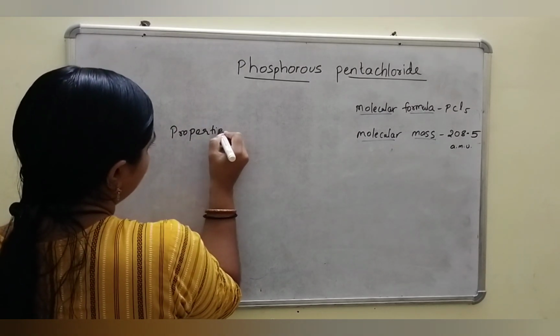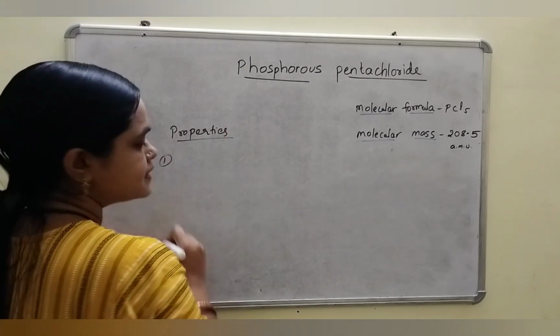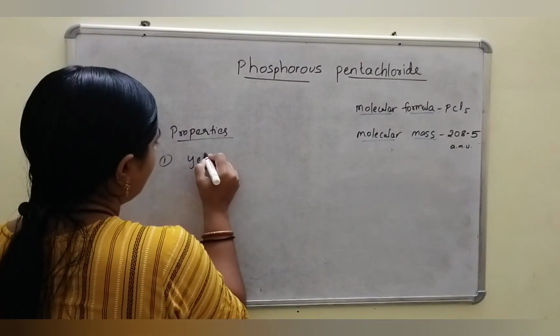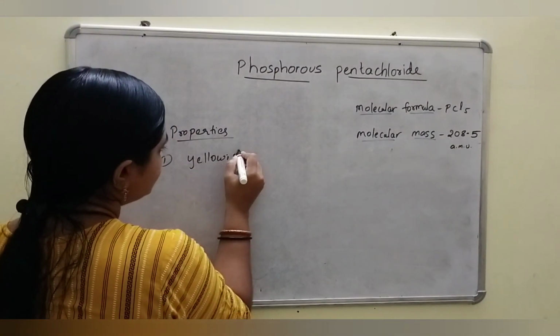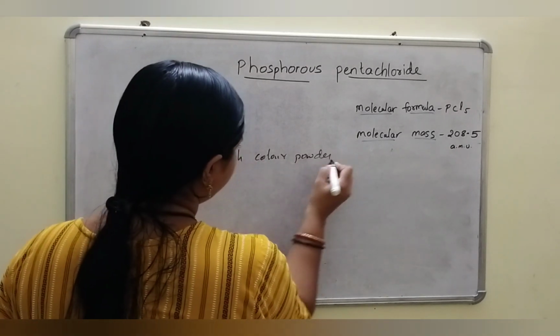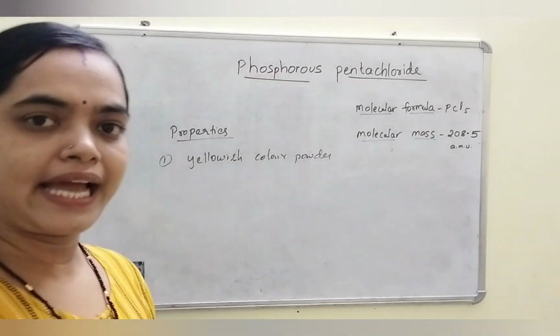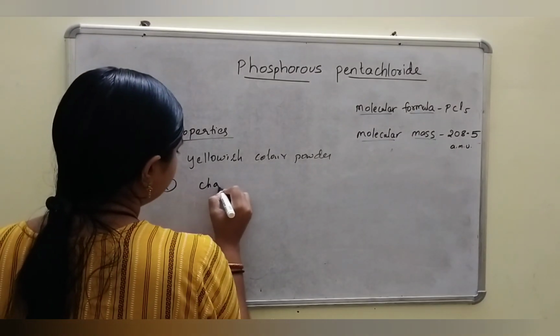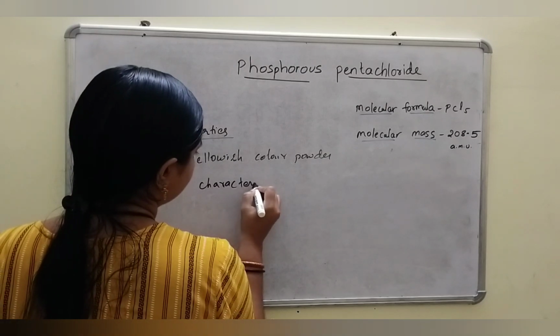Properties. Phosphorus pentachloride is a yellowish color powder. It looks like yellowish color powder, and phosphorus pentachloride gives a characteristic smell.